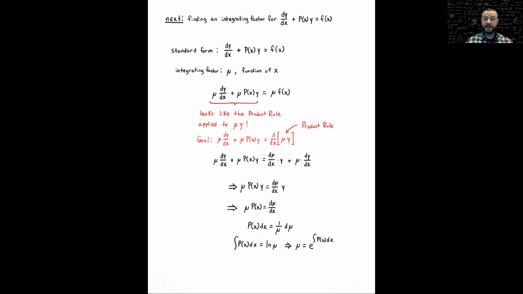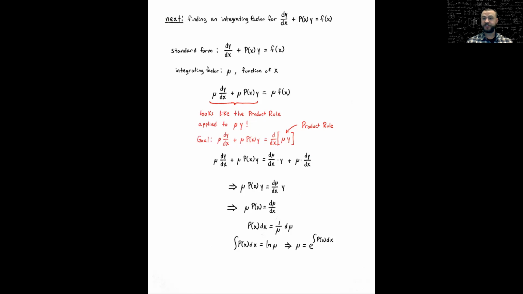Notice we can easily identify what P of x is. Going back to the top of the screen, standard form, P of x is what's multiplying y, and we just integrate that, put it up in the exponential. That is then your integrating factor.